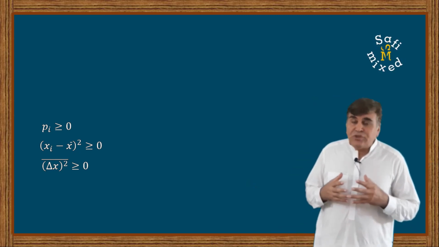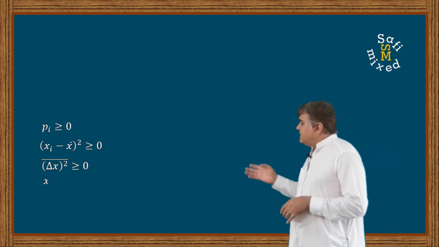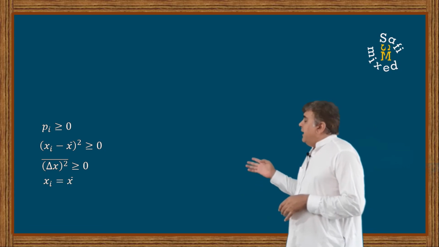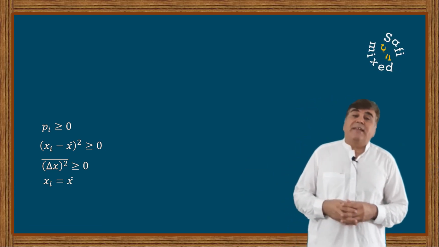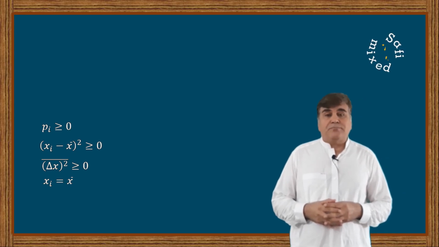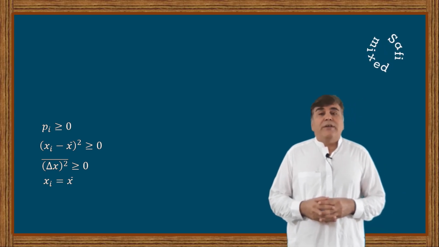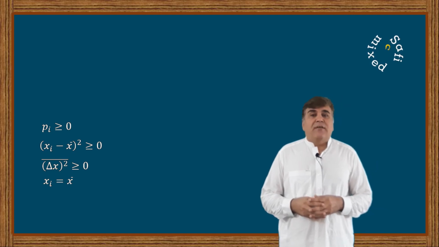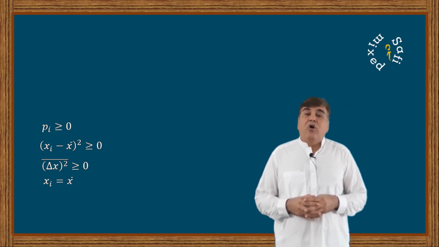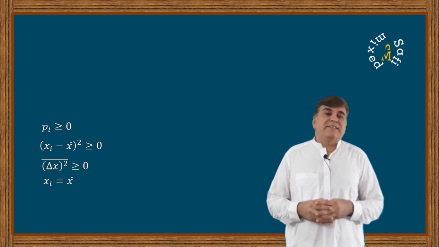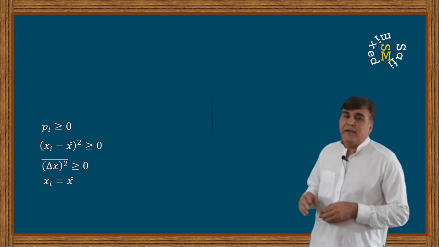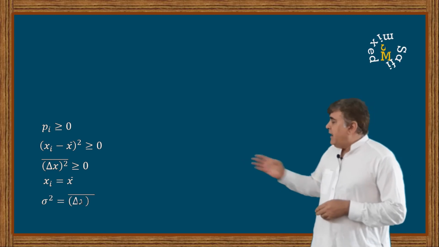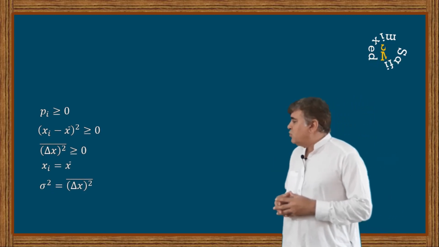It is equal to 0 only if every xi equals x bar. Otherwise, it is greater than 0. The quantity in equation 6 is called variance of the data, or the dispersion of the data, and is usually denoted by sigma square equal to delta x bar whole square.